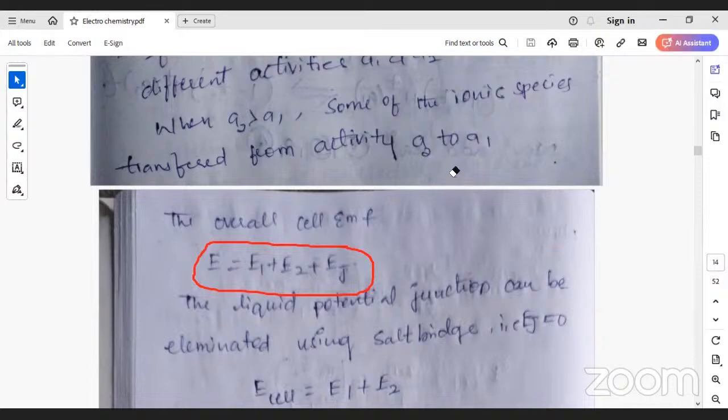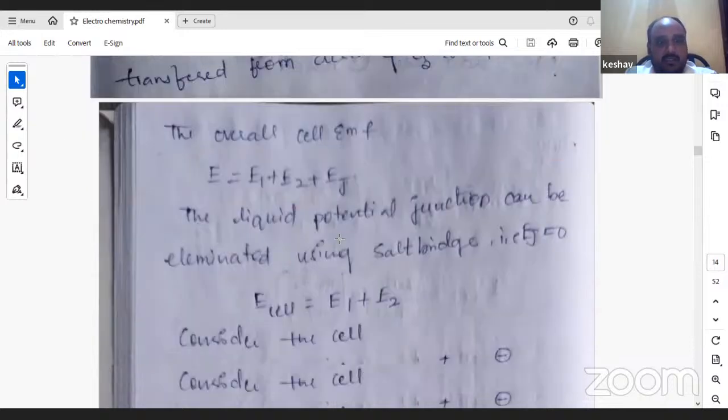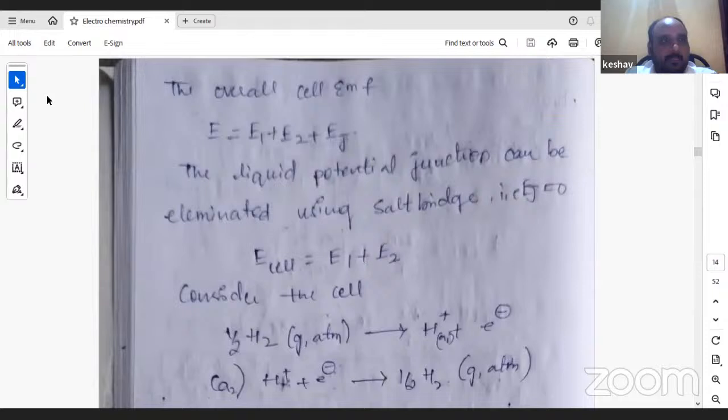Yes, sir. Okay, the next step. The liquid junction potential LJP can be eliminated using a salt bridge. By using the salt bridge, the deposition of ions across the junction will be neutralized. Therefore, there is no liquid junction potential, so EJ becomes 0.